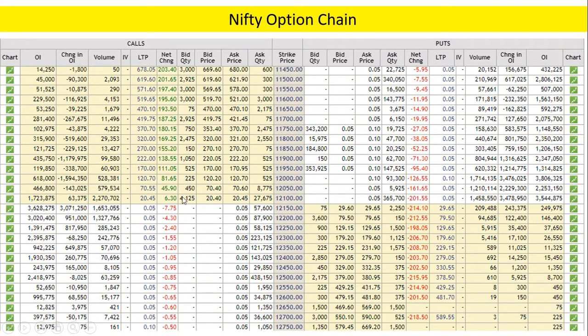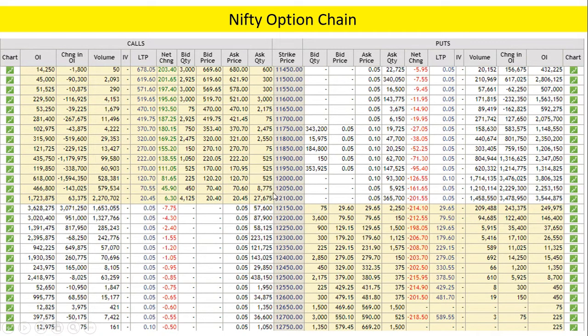And the pink color is the in the money call. And if you see here, 12150 till 12750, these all are in the money put option, and the white portion of put is out of the money. White portion of call is out of the money, and 12150 is at the money in the put option, and 12100 is the at the money call option.